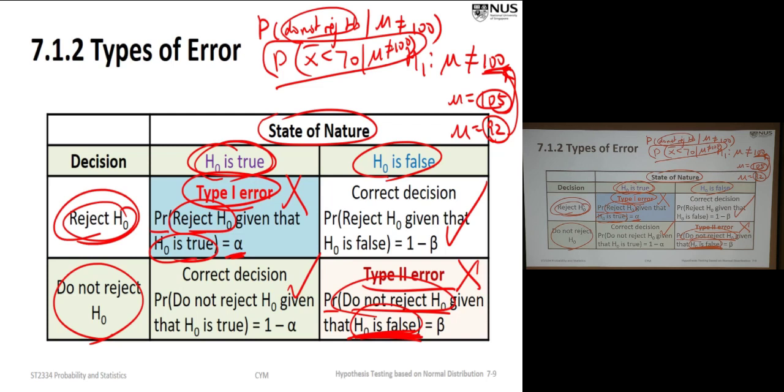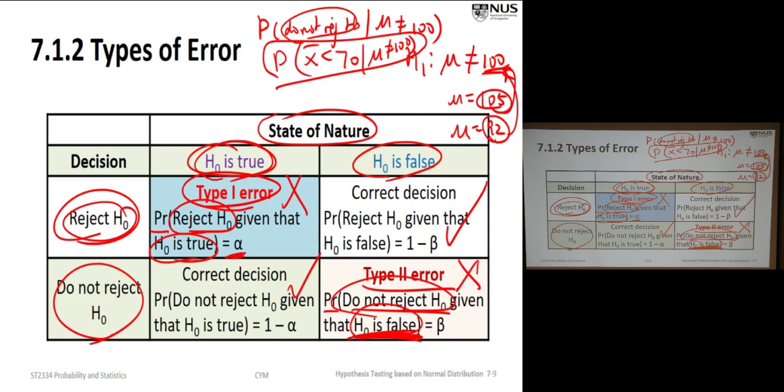No, because I say that mu is not equal to 100, so it can be any number. So how to compute with an infinite number of possible distributions? X bar may follow normal with mean 99 and variance sigma square over n. X bar can be normal with mean mu equal to 98. So many of them. So I cannot compute this probability.